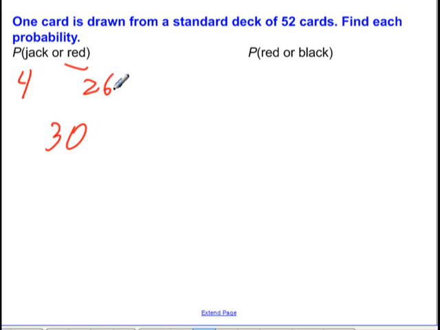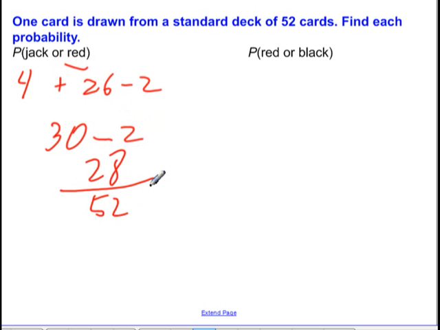If you just add those together, you count the red jacks in both categories, so you count them twice. So we subtract out the duplicates, the 2 cards that are both red and a jack, and you get 28 possibilities out of the 52 total.